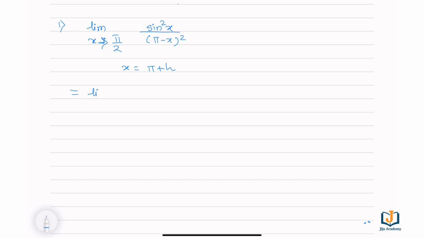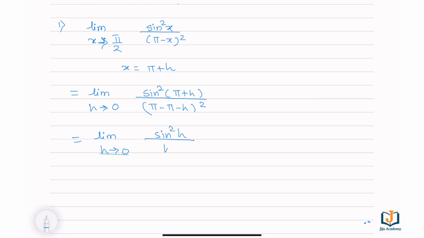So the limit as h tends to 0 of sine square of pi plus h divided by pi minus h whole square. So here we get the limit as h tends to 0 of sine square h divided by h square, and we know that the limit as x tends to 0 of sin x upon x is equal to 1. So we are using this formula. We get here the answer is 1.